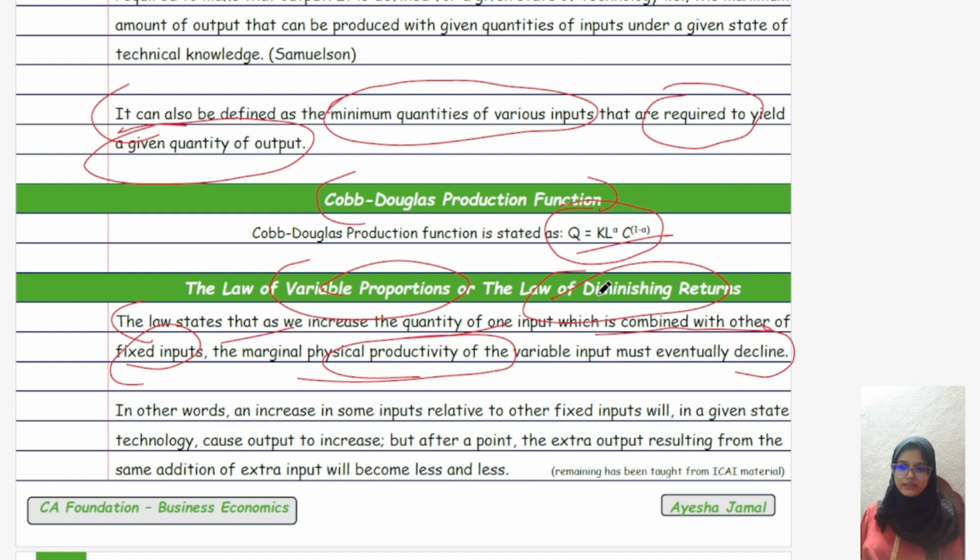What does that mean? Do you understand anything from that? In simple words, I'll tell you. An increase in some inputs related to other fixed inputs, in the given state of technology, causes output to increase, but after some point of time, the extra output resulting from the same addition of extra input will become less and less. For example, say this is summer, mangoes, and you like mangoes very much.